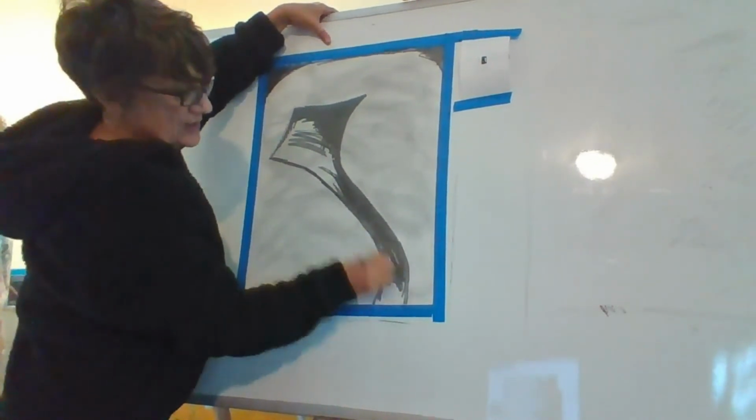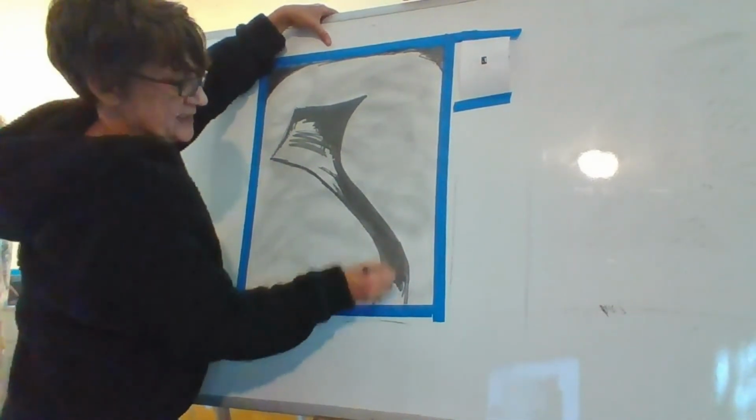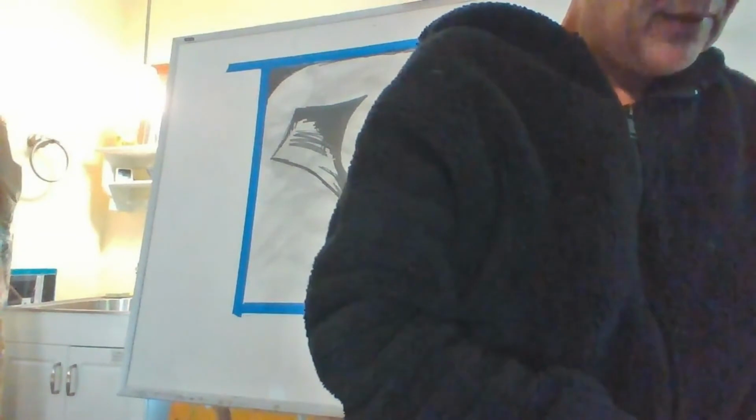Right? Okay, so now I want this to be really, really dark, especially as it gets towards the center. So I'm going to scrape off some graphite here, and then I'm going to show you how to put that on there really dark with the paper towel. There's paper towel.